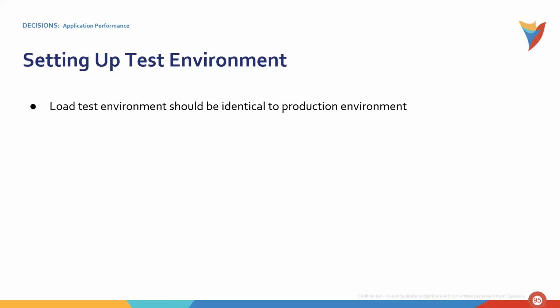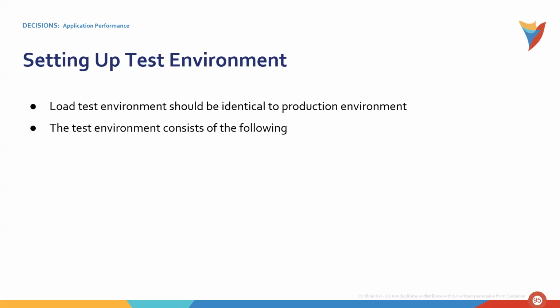Also, their configuration should match. So I cannot have a test server with 2 GB of RAM and a production server with 8 GB of RAM, because my test results will not give me accurate information on how the application will behave in production. So this is important.